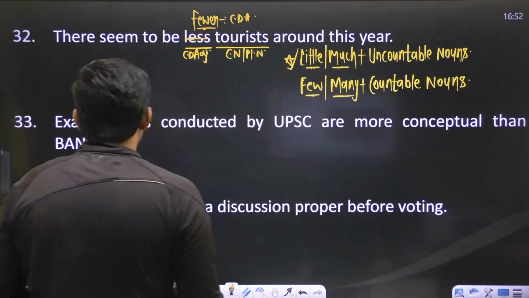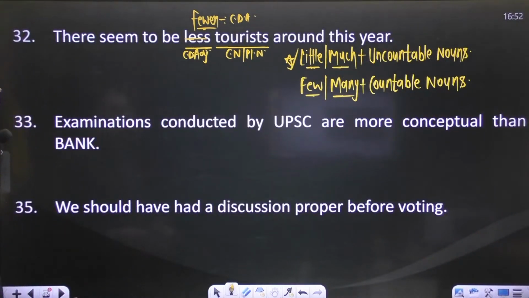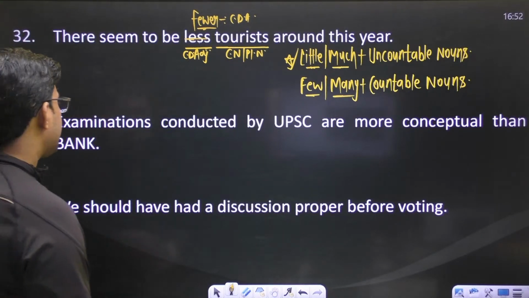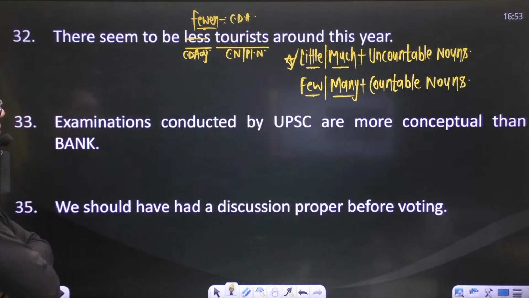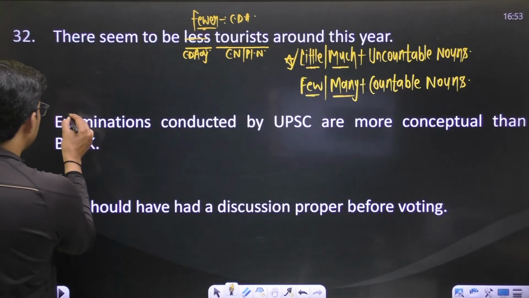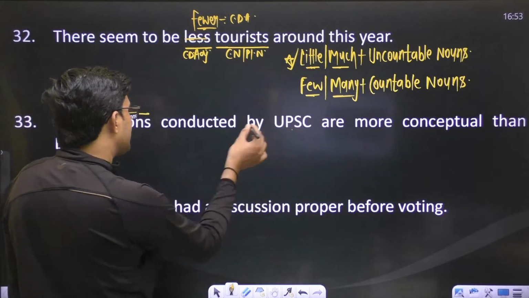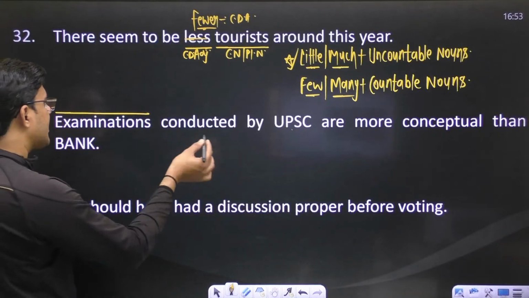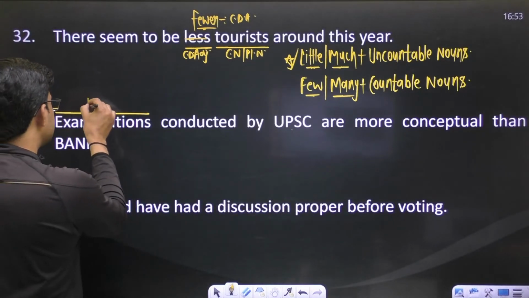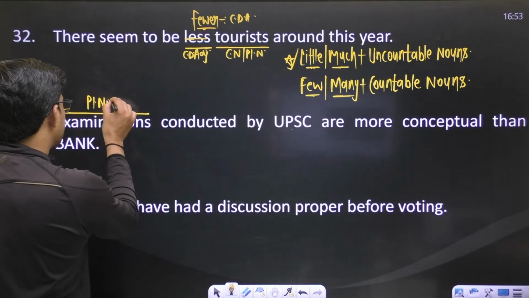Okay, examinations conducted by UPSC are more conceptual than bank. Here we are talking about examinations. There is no comparison between UPSC and bank. The comparison is of examinations. This is the plural noun, examinations.